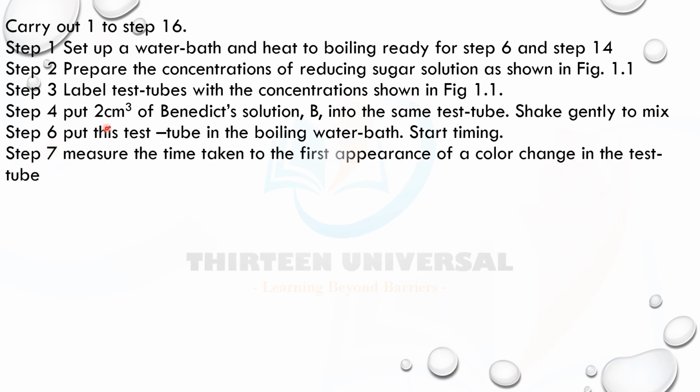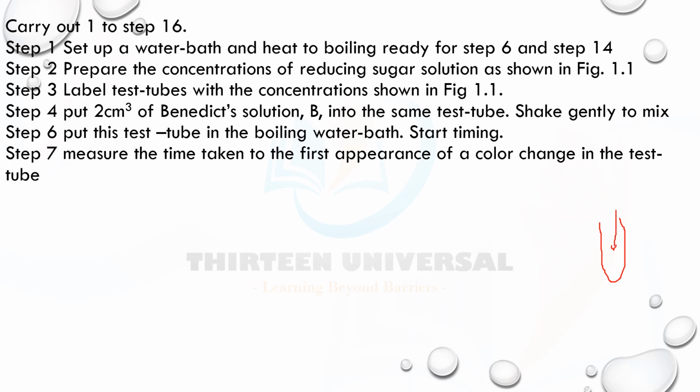So you go on, measure the time taken to the first appearance of a color change. You remember that in testing Benedict solution, you add 2 ml of test solution into a test tube. Remember that is what we are doing here. So you put 2 ml here of test solution, and then now add 2 ml of Benedict solution to this, and then you now heat.